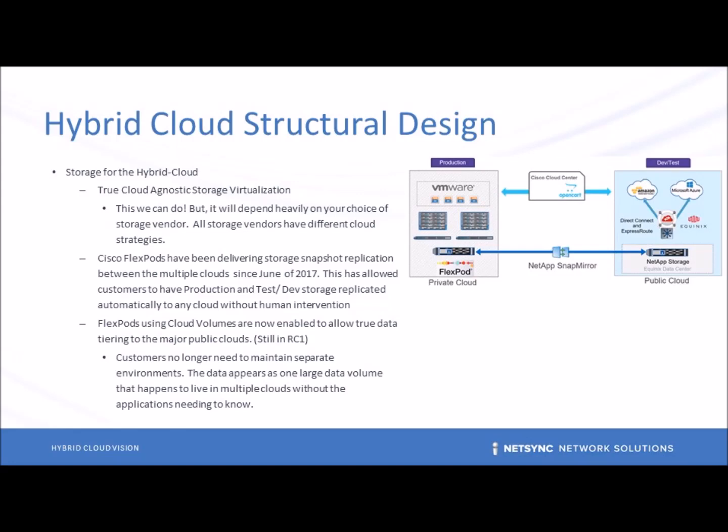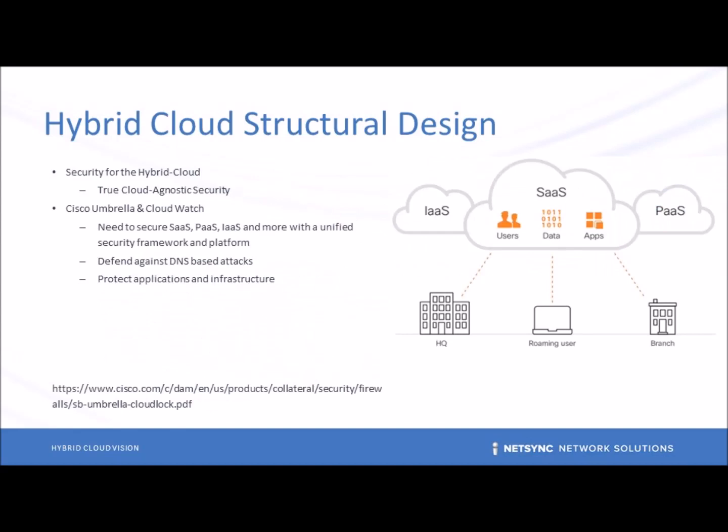And then hybrid cloud security. Cisco has a great true cloud agnostic security. It's called Cisco Umbrella and CloudWatch. If you haven't heard of Umbrella, it used to be called OpenDNS. You've probably heard of that. But it provides a true multi-cloud, multi-service, DNS-based and application-based security.